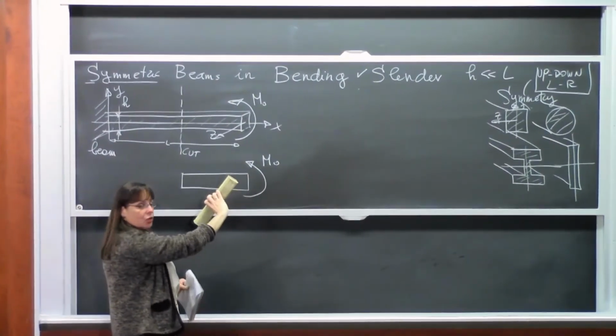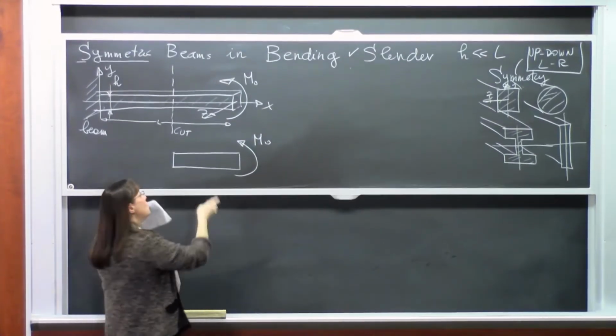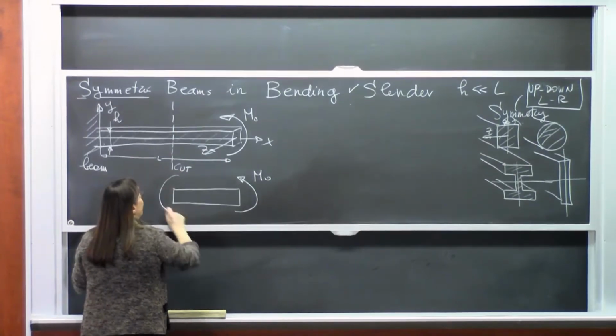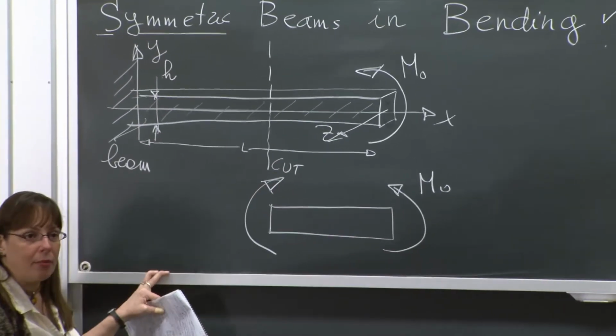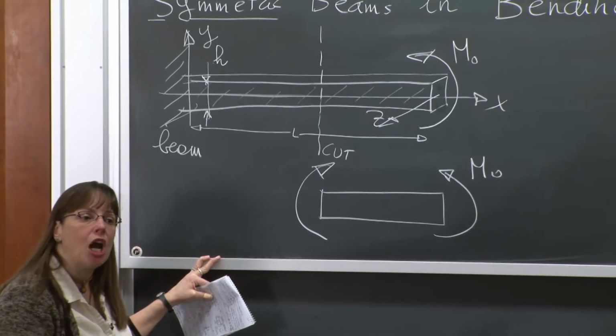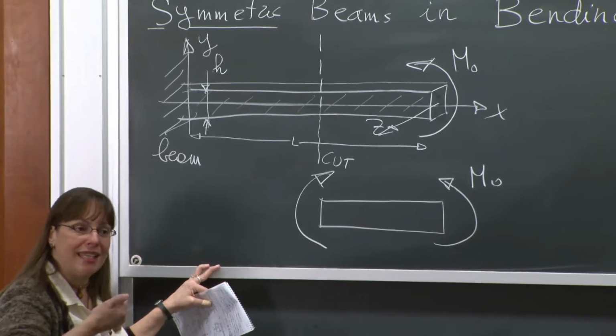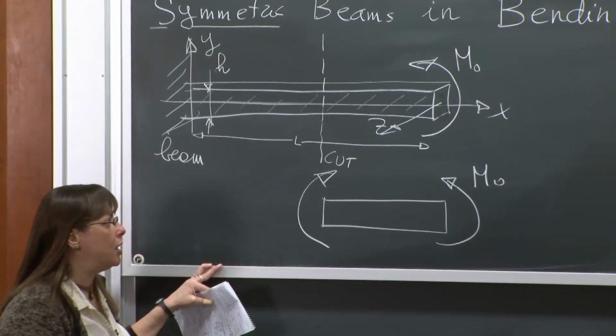You see that? To prevent that, I need to balance it with something that is inside. So there must be some resultant of the stresses inside the beam that balances this M. That is what is carried by the stresses in the beam, connected to the deformation inside the beam.